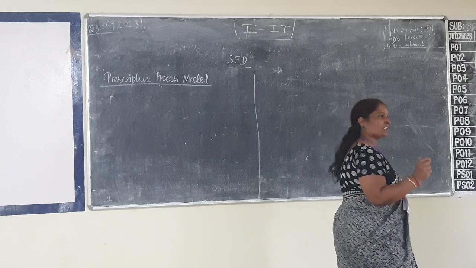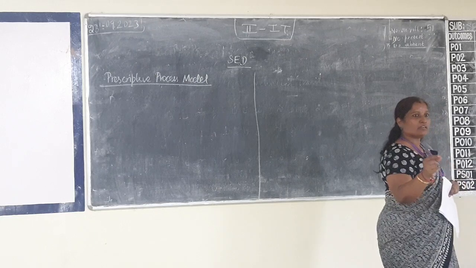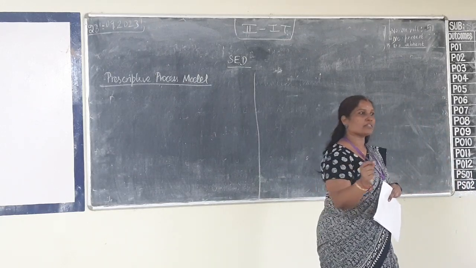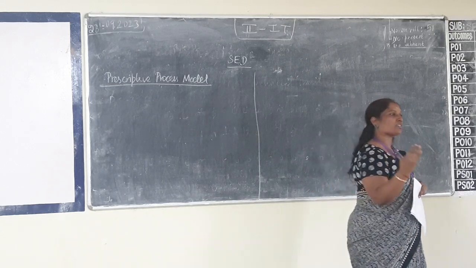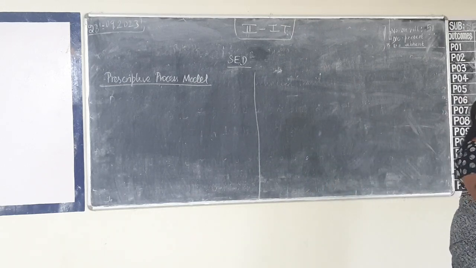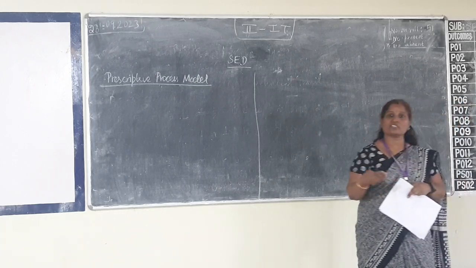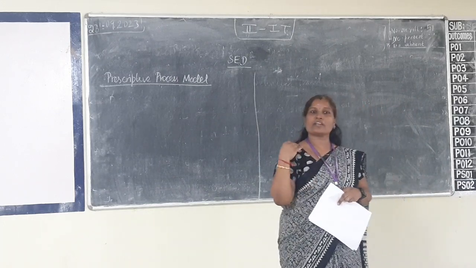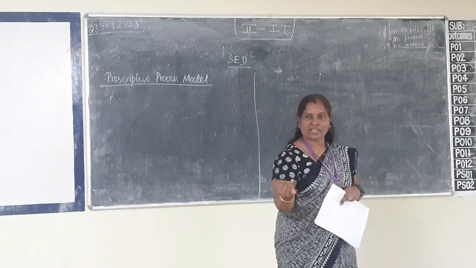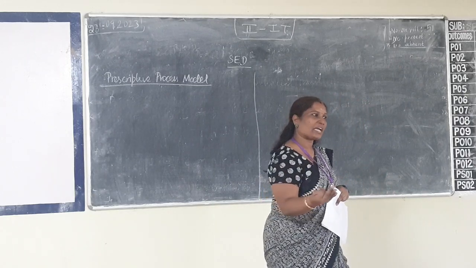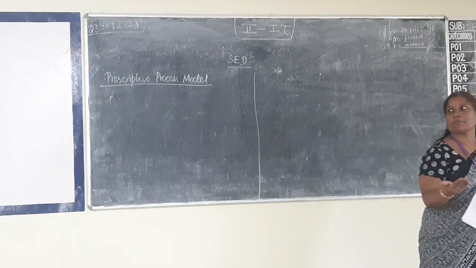There are 5 activities in the process framework, starting with communication and culminating in deployment. Process includes a set of activities, actions and task sets. These are keywords for Unit 1 that you need to remember: activities, action, task set. And the framework activities: communication, planning, modeling, construction and deployment.